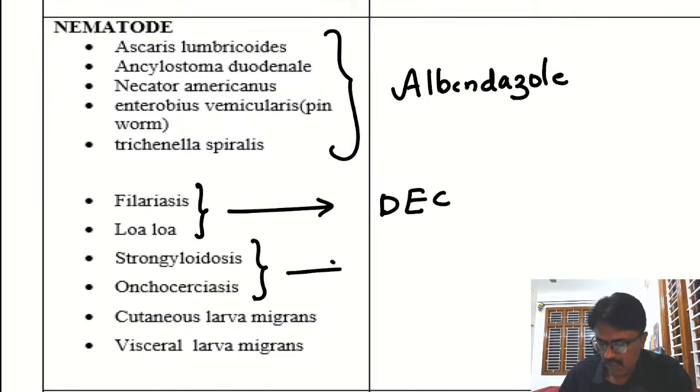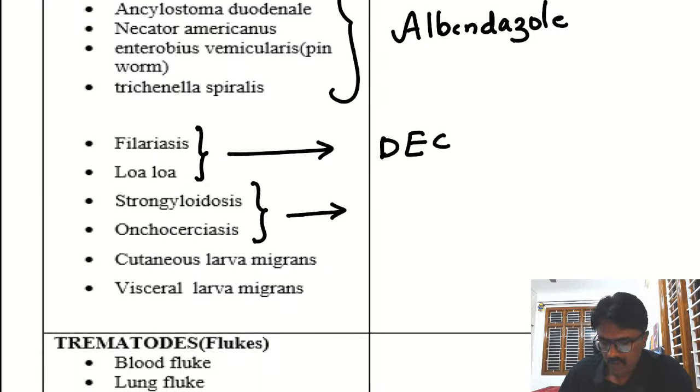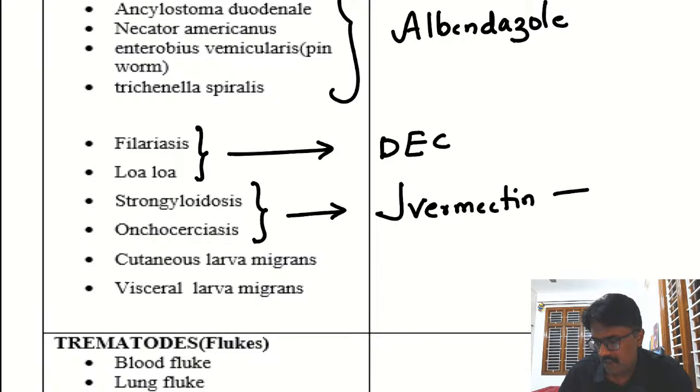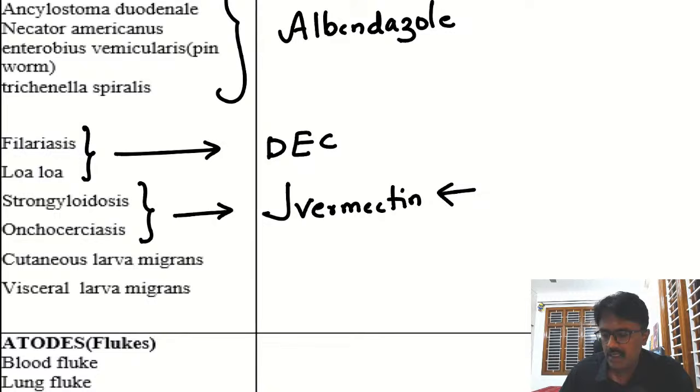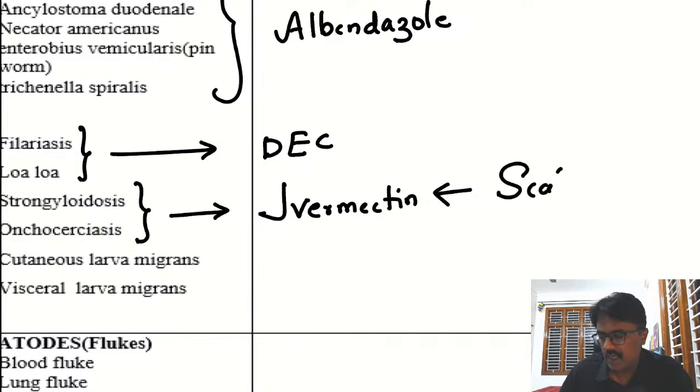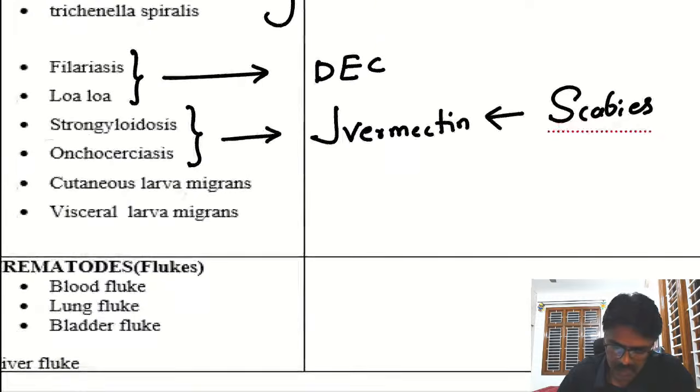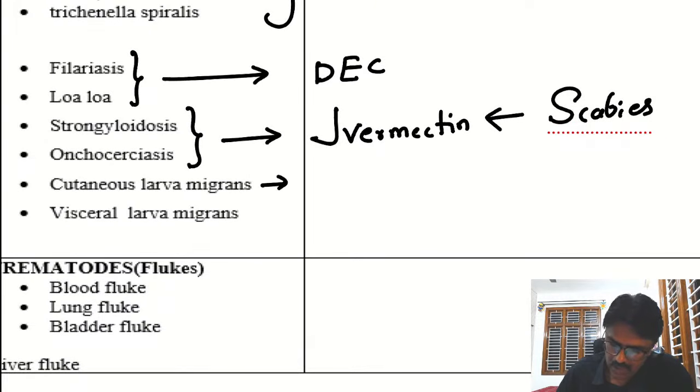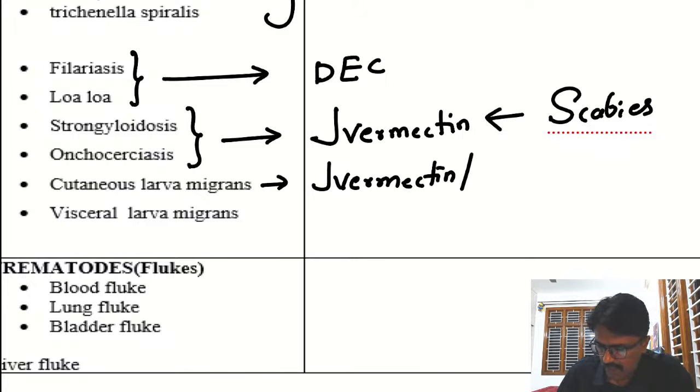Strongyloidosis and onchocerciasis, what we use is ivermectin. Ivermectin is also used for managing a skin condition, and that is scabies. Cutaneous larva migrans, we use ivermectin. If not available, we can go for albendazole.